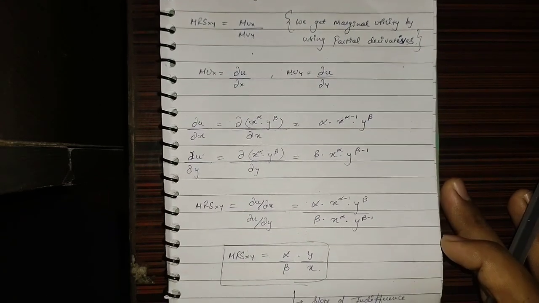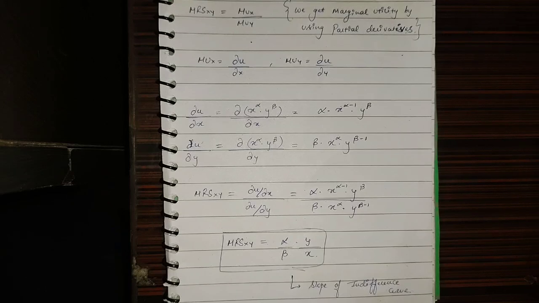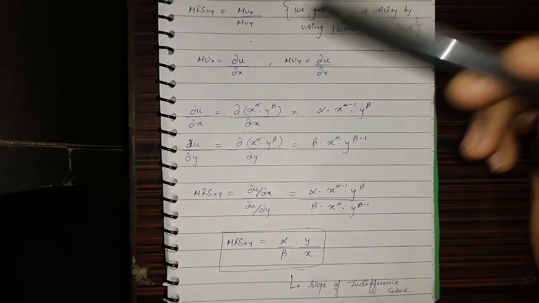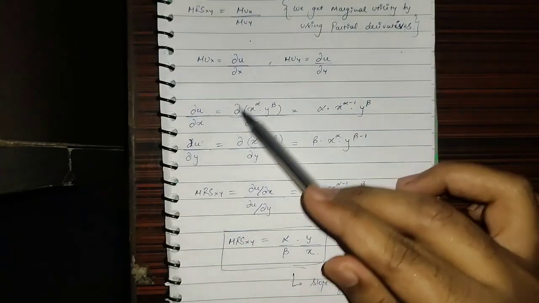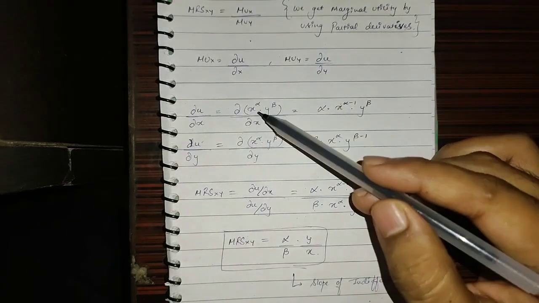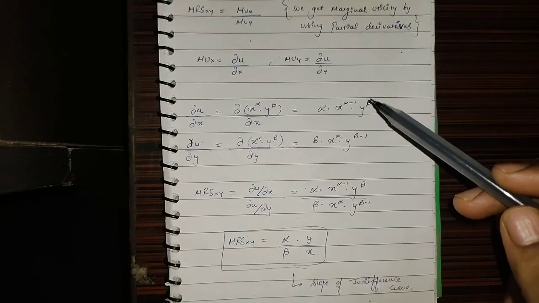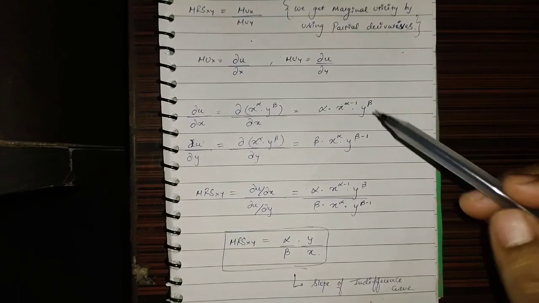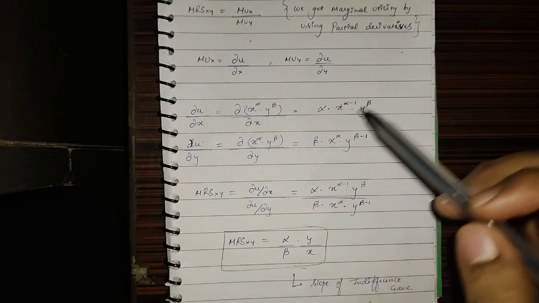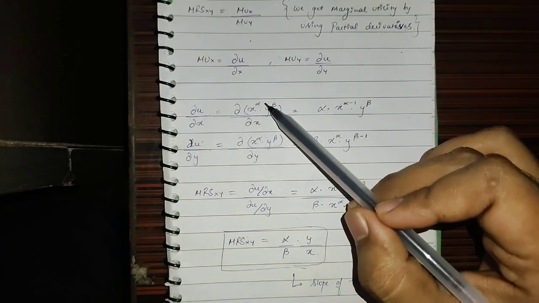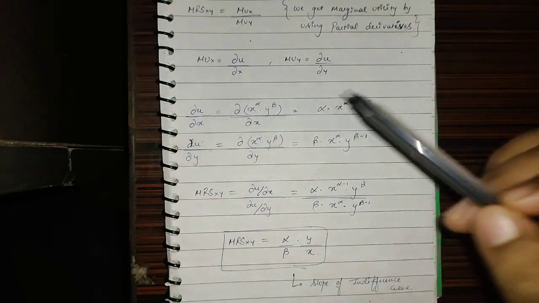So when I take the partial derivative of the utility function, it is del u by del x. Substituting the utility function in place of u, we get del of the utility function by del x. Since we are differentiating with respect to X, the power of X will come down and be reduced by 1.